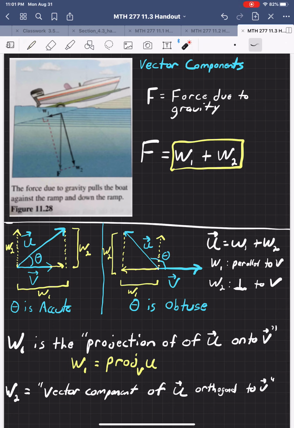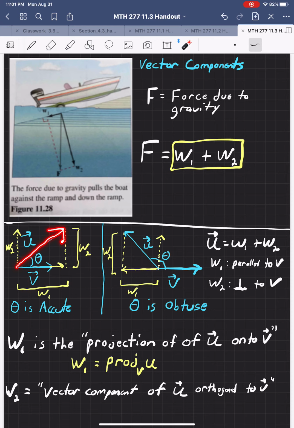All right, and we refer to this again as the projection of u onto v, right?